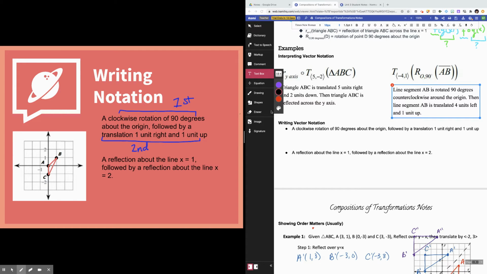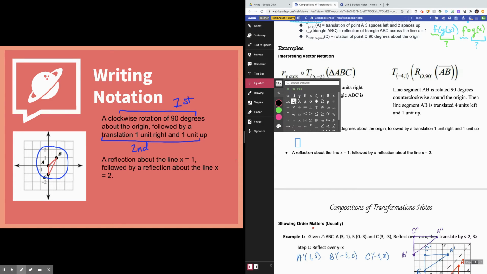What I'm rotating and transforming is this triangle right here, triangle ABC. So what I'm going to do is insert this as an equation so that I have a little bit more control over what I'm writing. So I'm starting with triangle ABC.